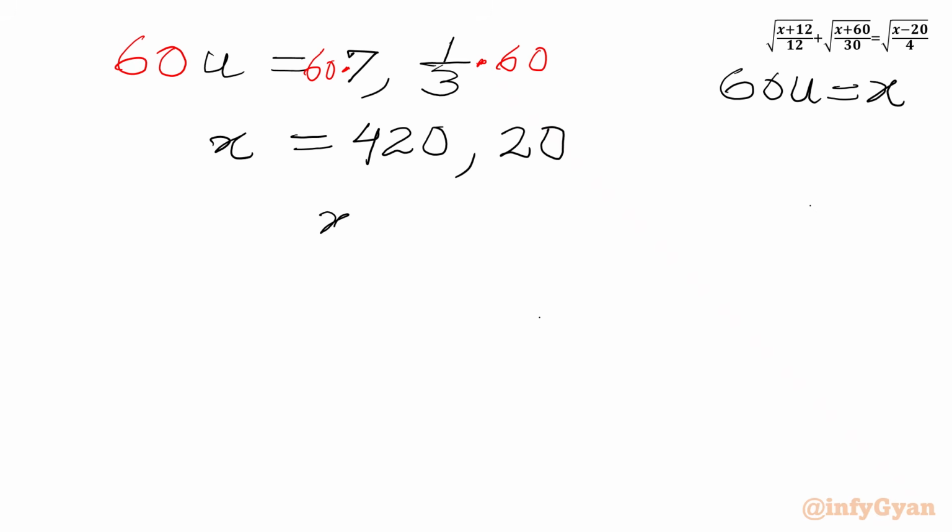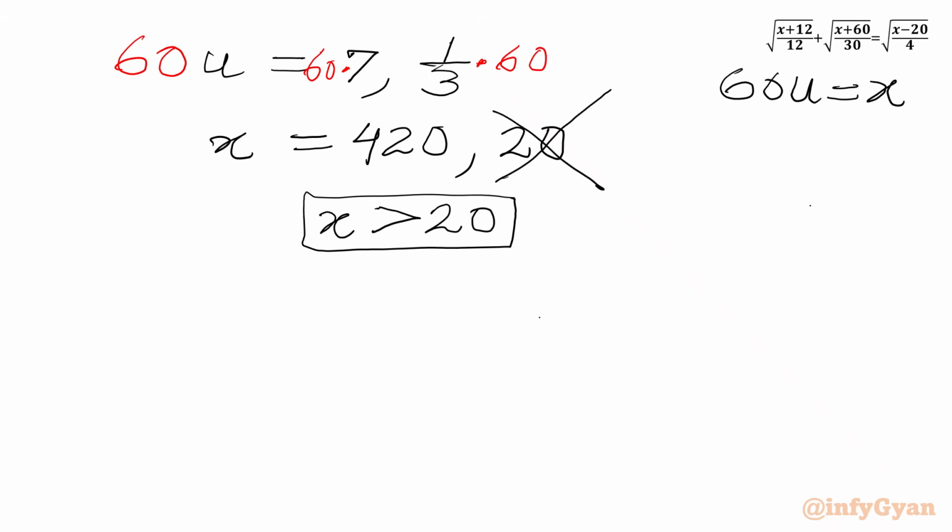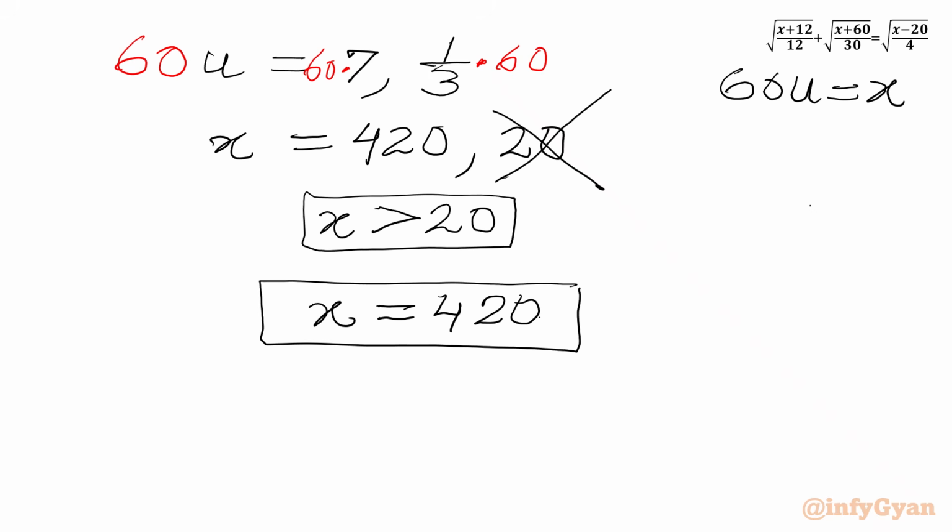As per our condition on x, x should be greater than 20. But here we have x equal to 20. So we will reject 20. So the accepted real value would be 420, which will satisfy our equation.